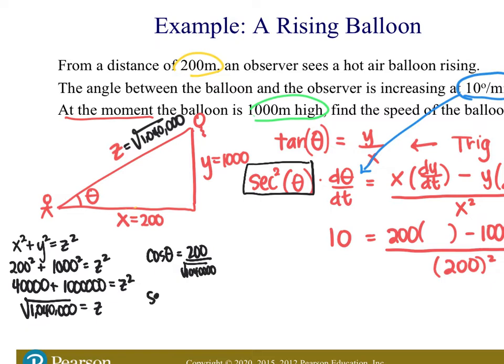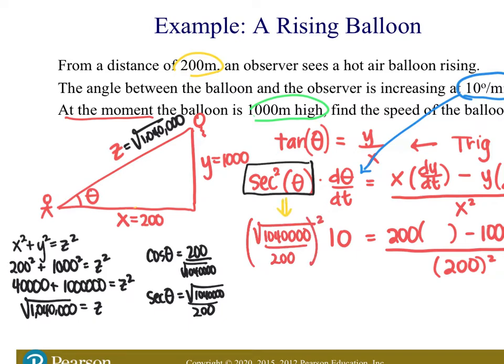So secant must be the reciprocal of that, the square root of 1,040,000 over 200. And if I want to square that, then it would be the reciprocal over 200 squared. That's the secant value that went in there.